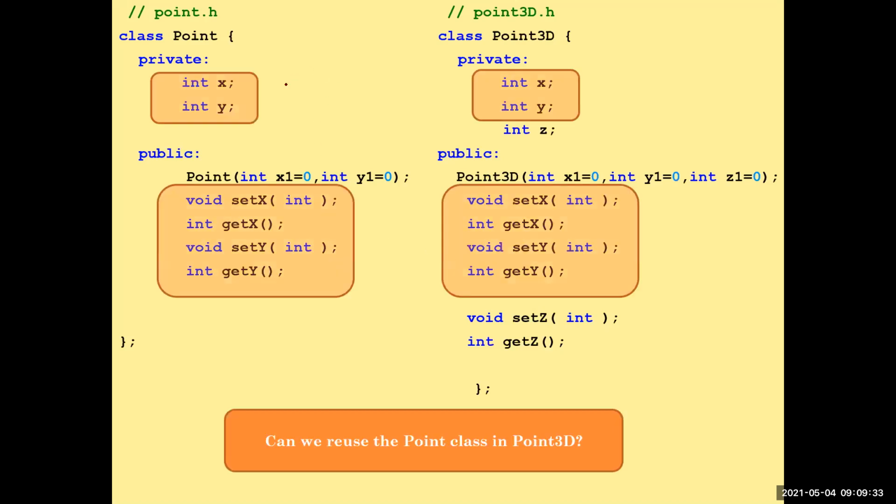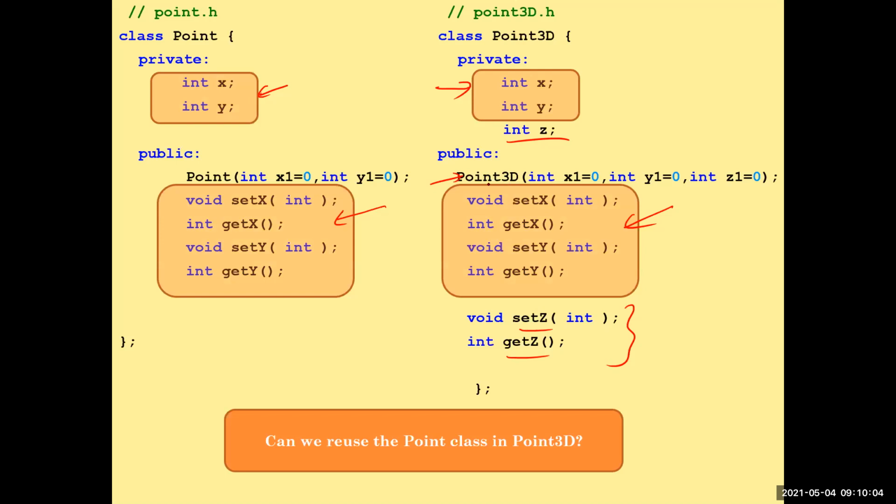We have two data members x, y here, which are again repeated here. Similarly, for x and y you have set and get functions here, which we are repeating here. Of course, this is the different part, because this data member z and set z, get z are the additional functions present in Point3D. Similarly, the constructor is also different: the constructor will take two inputs here, while the other constructor is taking three inputs.